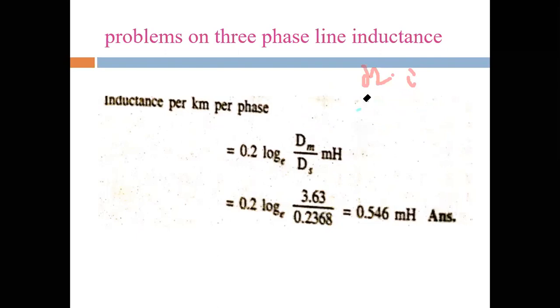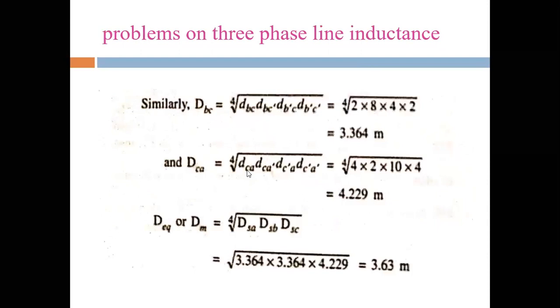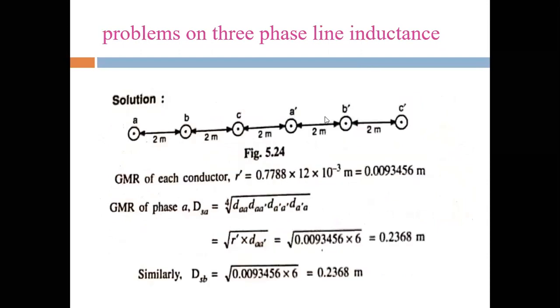But when the conductors are arranged in parallel, then by using these formulas we calculate the distances between A to A dash and also A to C dash, and we calculate the Dm and Ds values. That is the difference between parallel arrangement and horizontal plane arrangement.